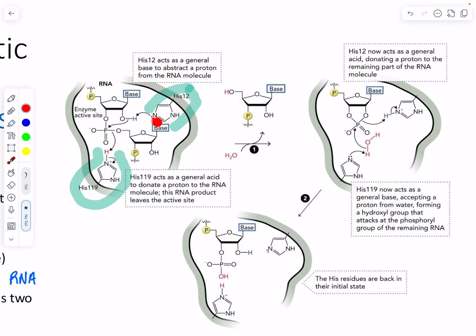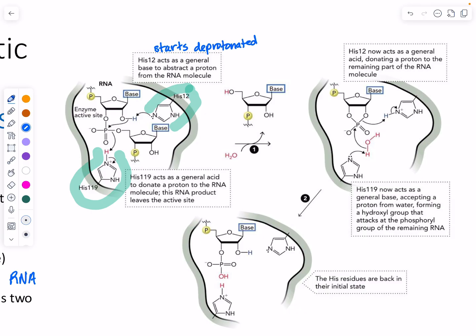So histidine 12, notice that we're using our curly arrows like we do in organic chemistry to show where electrons are going. So how are we going to recognize that histidine 12 is acting as a general base? First, we're going to recognize that it starts out in the deprotonated state.